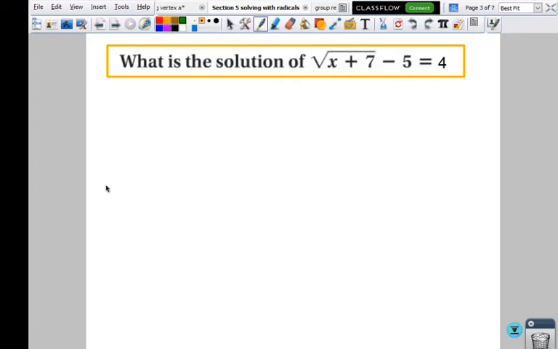Alright, let's go over this one together. What's the first thing we should do? Add 5. Yep, we're gonna add 5 to both sides. I get the square root of x plus 7 equals 9. What am I doing next? Yep, we're gonna square it.